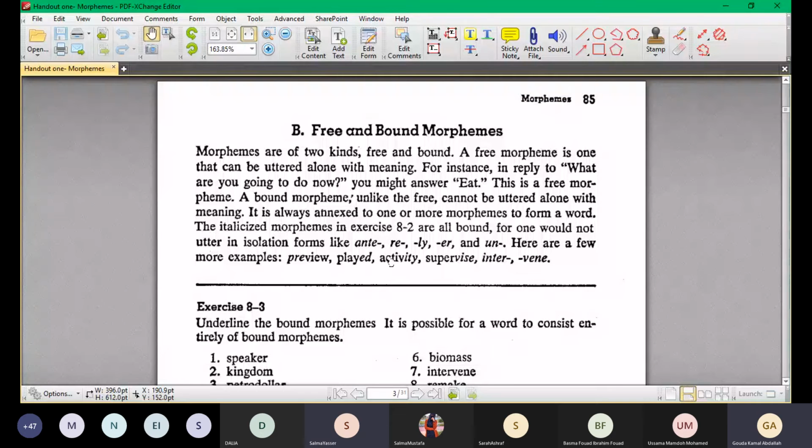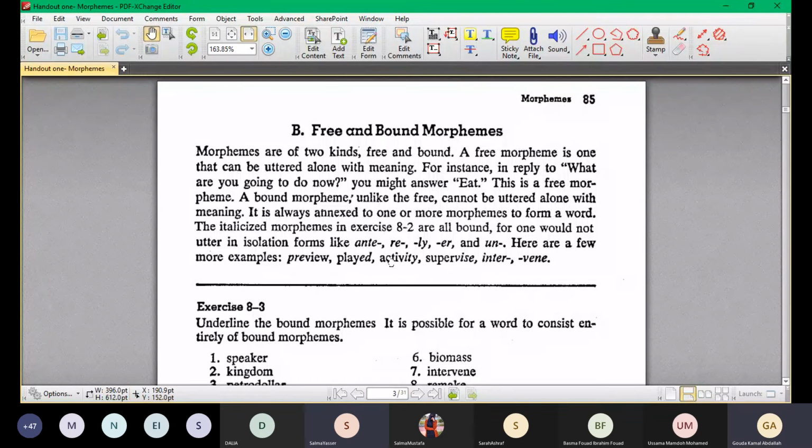I'm so sorry, it's my connection, it's bad. I'm asking if this means that any word in English has at least one morpheme.